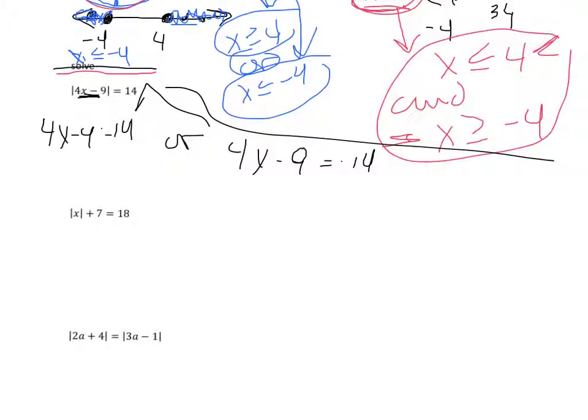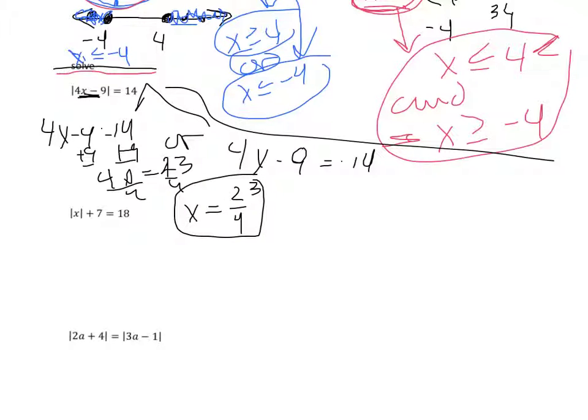So we solve these independently. Add 9. So we get 4x equals 23. Divide by 4. And we get x equals 23/4. So this is one of our solutions. And we can always check by plugging it back into the original equation.